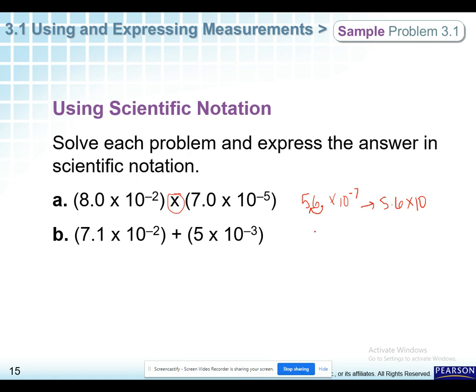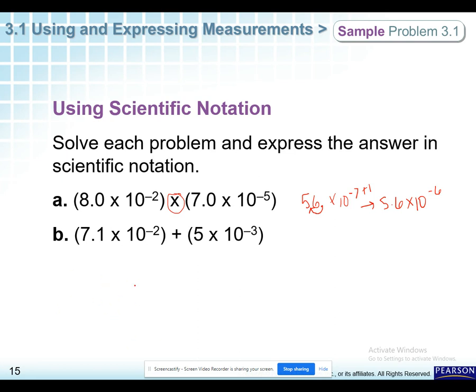Since I moved my decimal to the left, this of course is going to change my exponent. I'm going to have to add 1 since this number is bigger than 1, or bigger than 10 as well. So -7 plus 1 gets me -6.